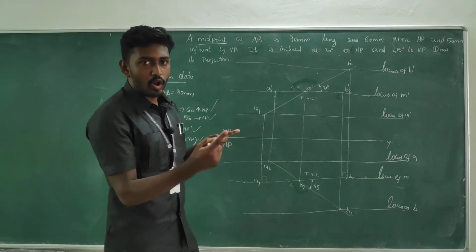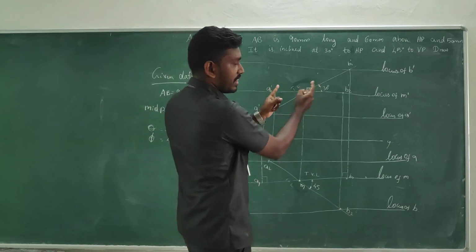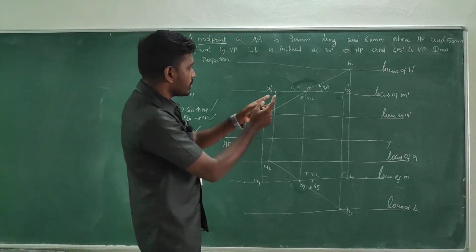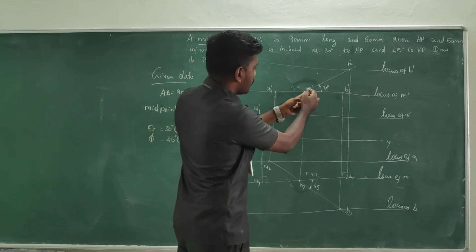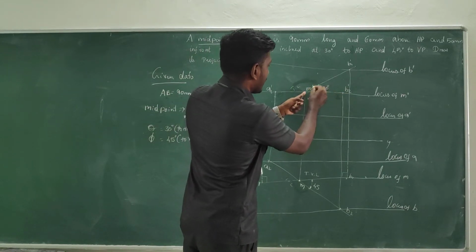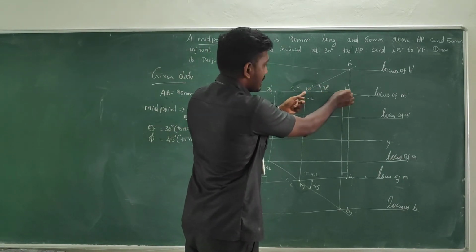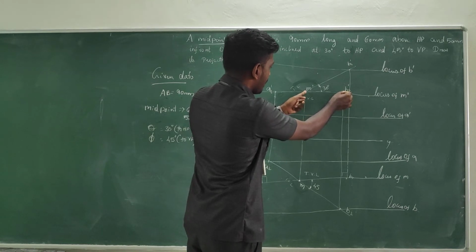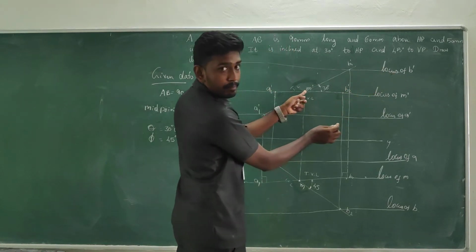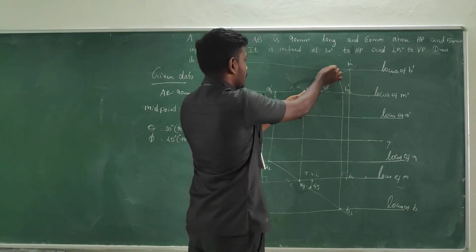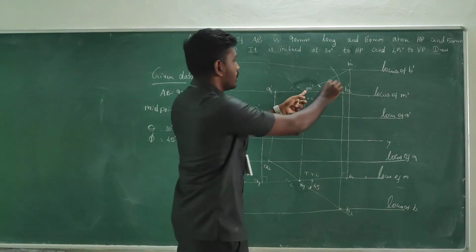So for that, take your compass and concentrate on the front view. Place M dash as center. This is the length. Take M dash to B2 dash as a radius. Keep M dash as center, go for an arc. It is from B, so go to the locus of B dash, like this.